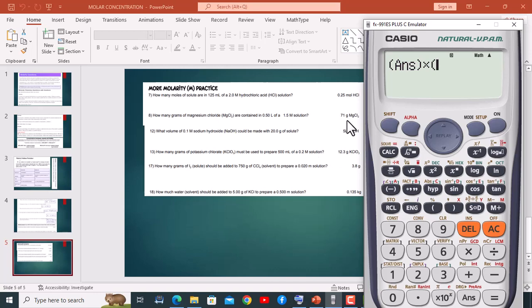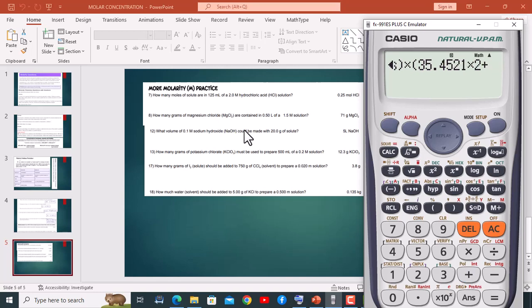So I'm just going to go to my calculator. I know that chlorine is 35.45, sorry, 35.4521. But how many chlorines do I have? 2 chlorines. So I'm going to multiply this by 2.